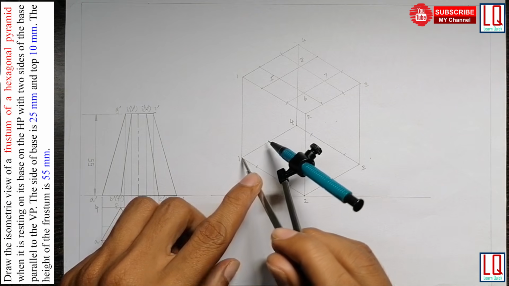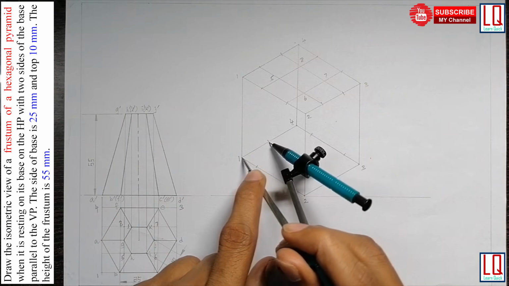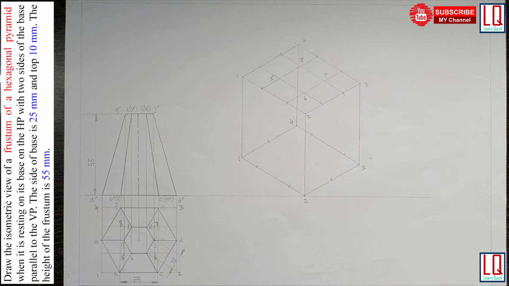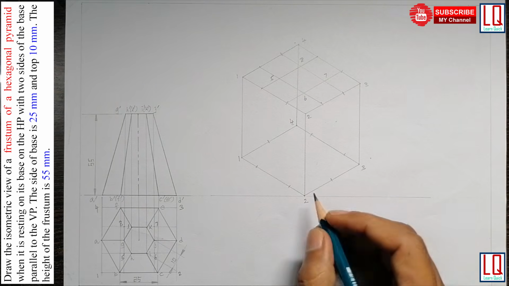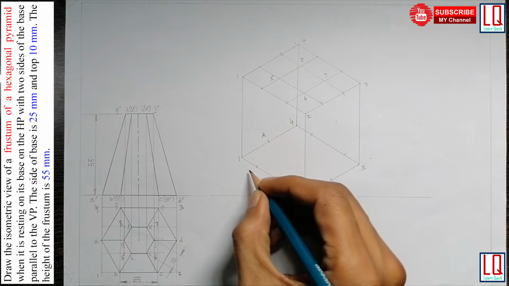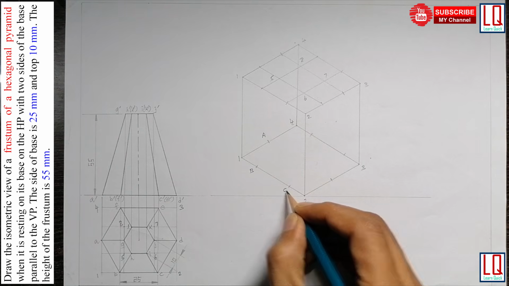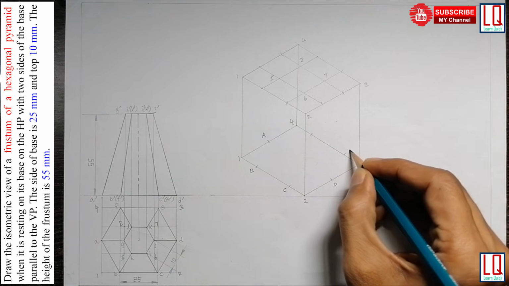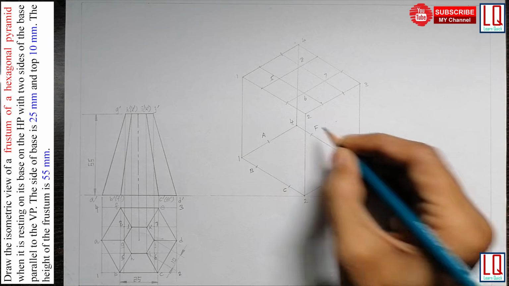Similarly from 1 I measure point A. Now I quickly name all the corners. I get corner A here, B, C, D, E and F.